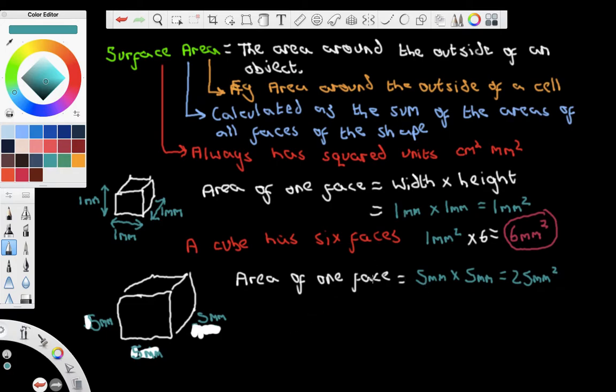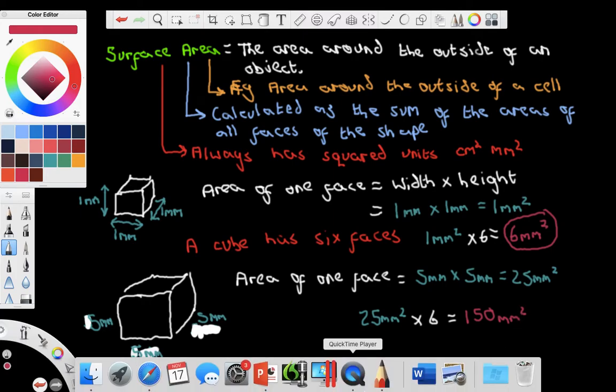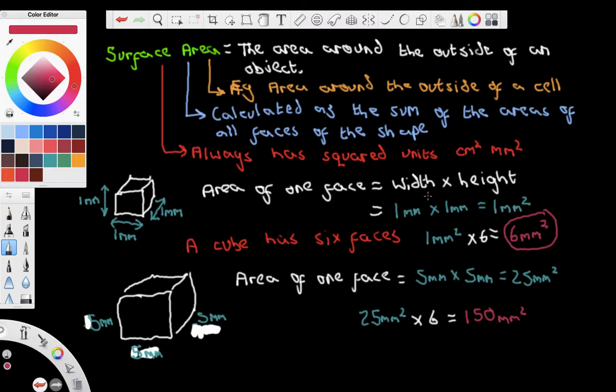That is the area of one face. We then need to do 25 millimetres squared times 6 to give us our area of 150 millimetres squared. Okay, so hopefully you got all those right, and hopefully you're happy with calculating surface area now.